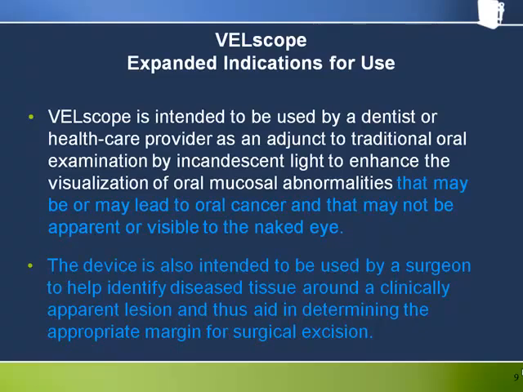Again, note the language. It doesn't say determine the surgical margin, but aid in determining the surgical margin. As for the general examination claim, the VELscope provides new information to the clinician to help him or her make a better decision. It doesn't make the decision. In my opinion, that is best left to the human brain.